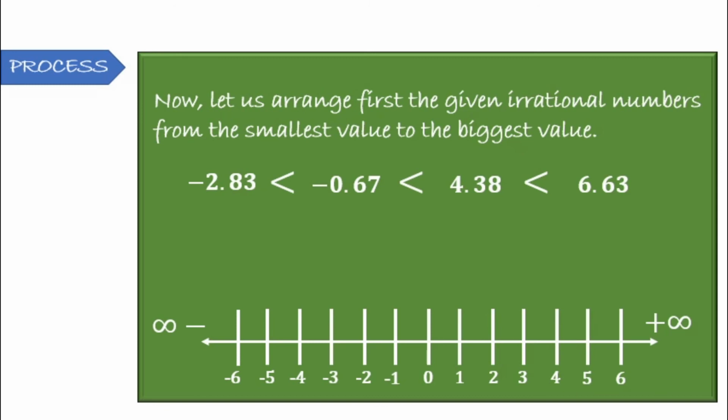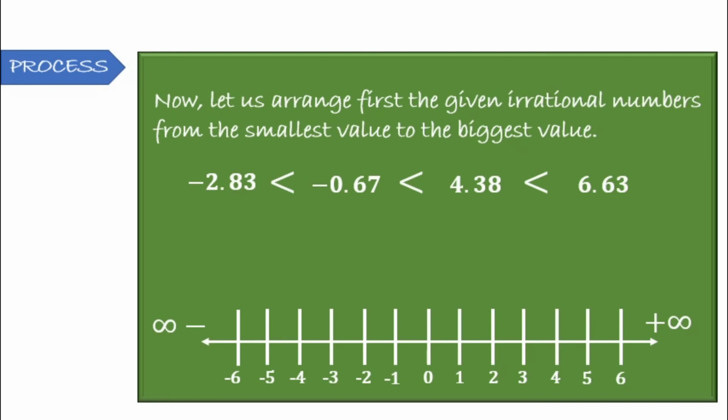Okay, so wa man tay makita diri nga negative 2.83, negative 0.67 based on our number line. Ato lamang approximation nig-plot nato sa points. Okay, firstly we have negative 2.83. Asa man na dapita?